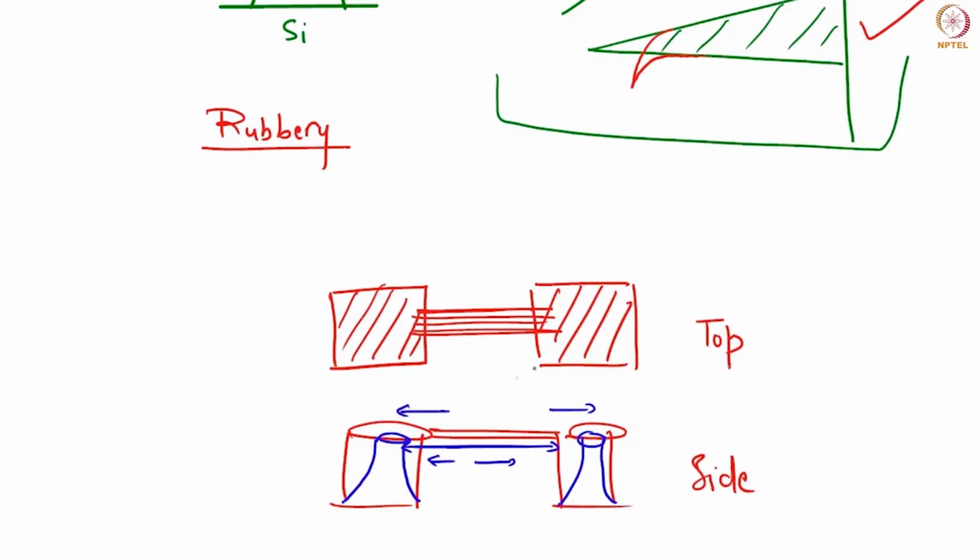Instead of this fiber, you could also have made an entire wall. It depends, of course, on your fabrication capabilities, but if you make a wall between these two pillars, in that case your wall may also be deformed afterwards. You can also make structures which are being pulled.